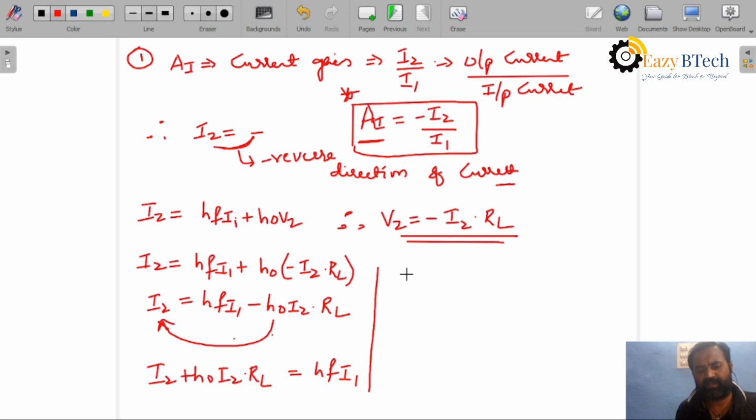Taking I2 common, I2 (1 + Ho RL) = Hf I1.